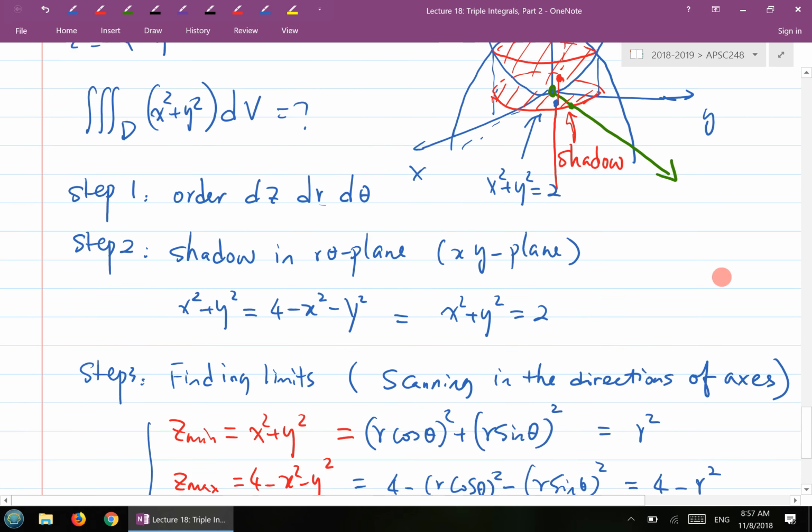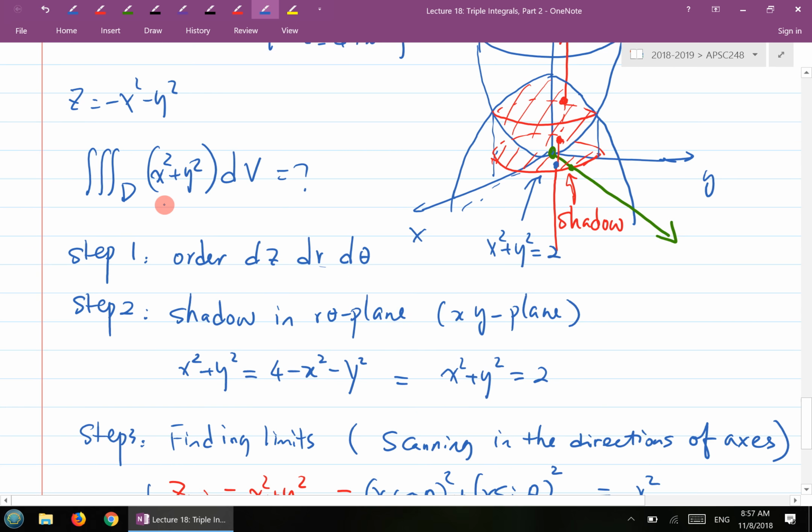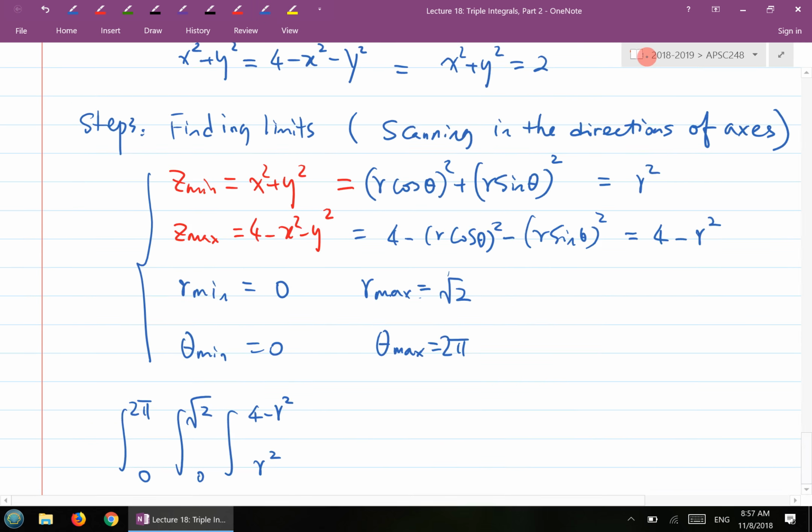So what are we integrating? This function says we're integrating x squared plus y squared dV, right? So you cannot just leave the x squared plus y squared unattended. We have to replace this x and y with r cosine theta and r sine theta, so that gives r squared. That's a substitution.